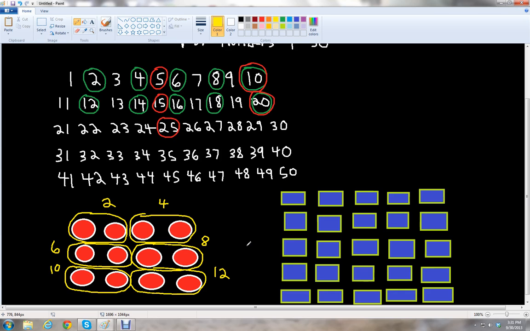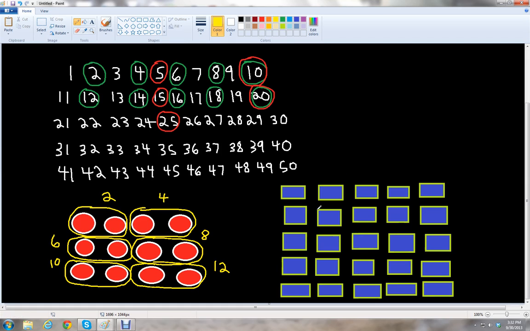Okay, so in the next set of objects, these purple boxes, we want to count those. Do you see that we can group them as sets of 5? 1, 2, 3, 4, 5. So now we can count these by fives. Rows of fives. And notice here that they have them in the columns as well. 1, 2, 3, 4, 5.